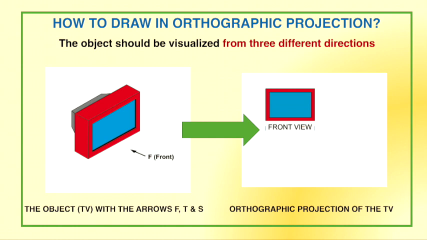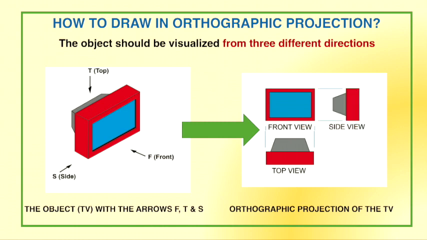When we look from the top, in the direction of arrow T, we get the top view. This is drawn exactly below the front view. When we look from the side, in the direction of arrow S, we get the side view.